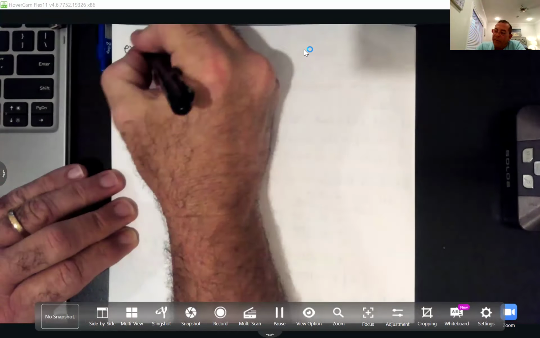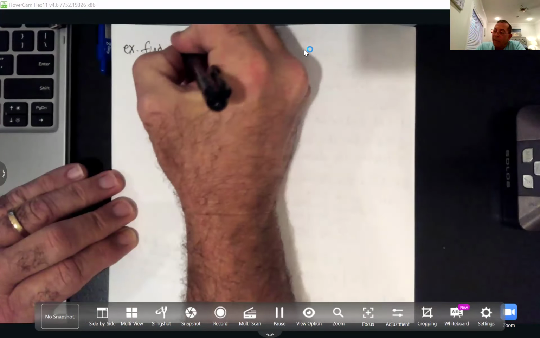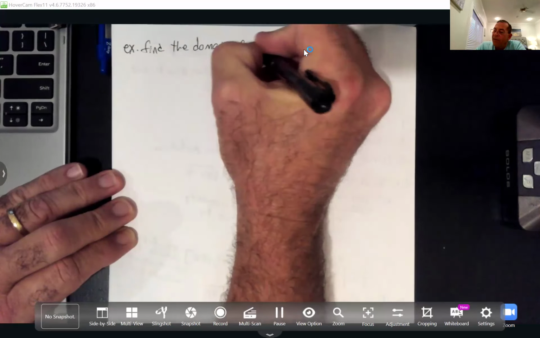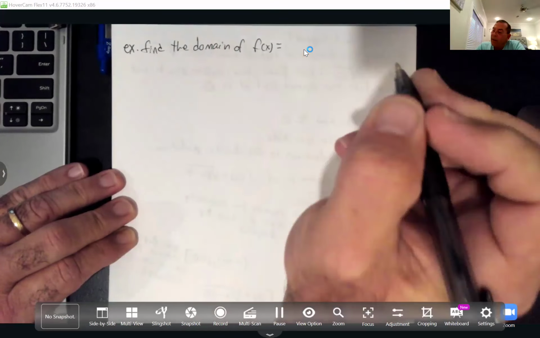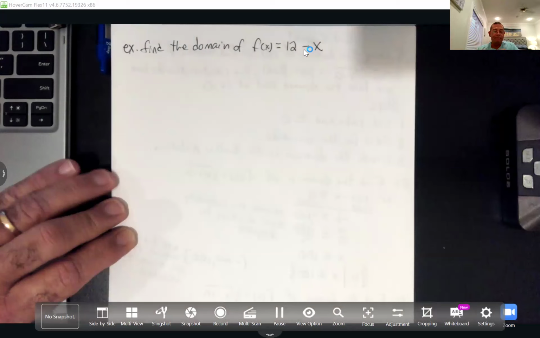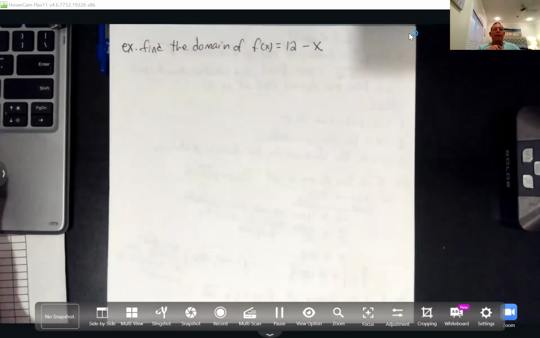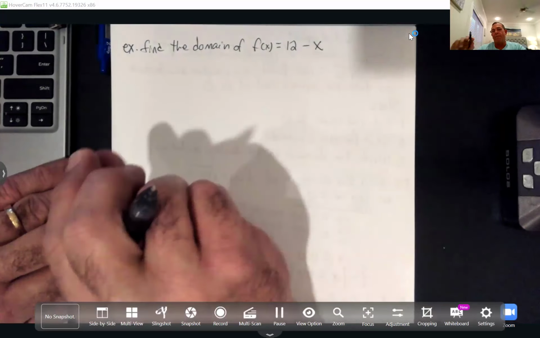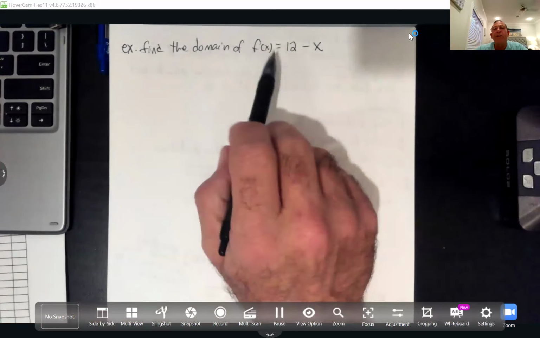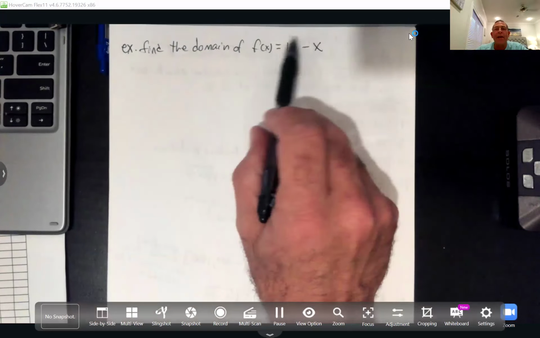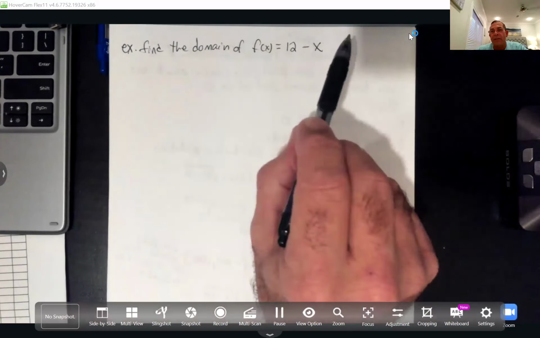And this one will be find the domain of f of x equals 12 minus x. And this is sort of a trick question for you, because my function is 12 minus x. I do not have a radical on this.